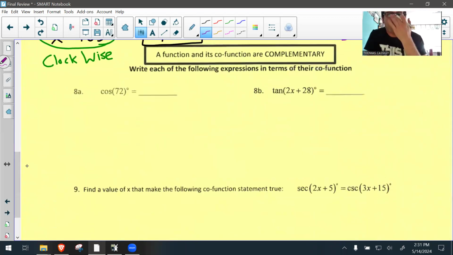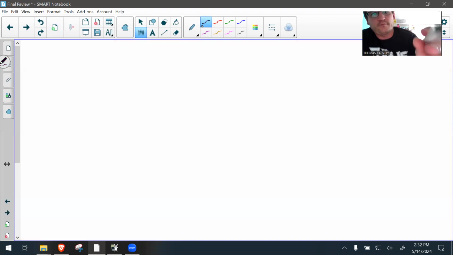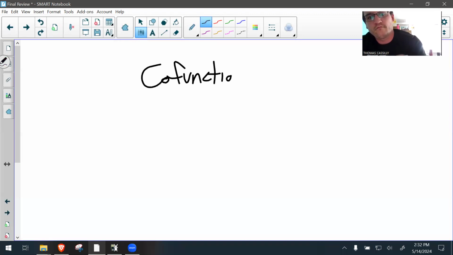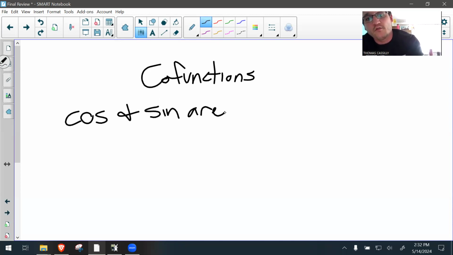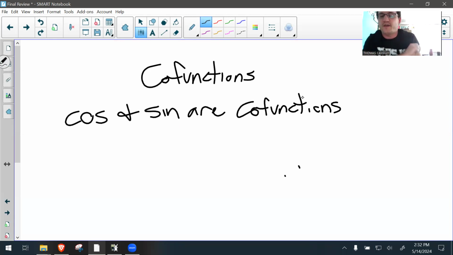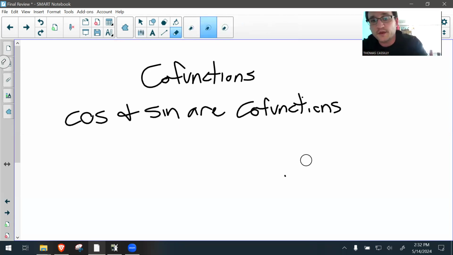Let's see here. Write each expression in terms of their co-functions. So one thing to kind of recap on this one, co-functions. All right, so cosine and sine are co-functions. What does that mean? That means their angles are complementary, right?